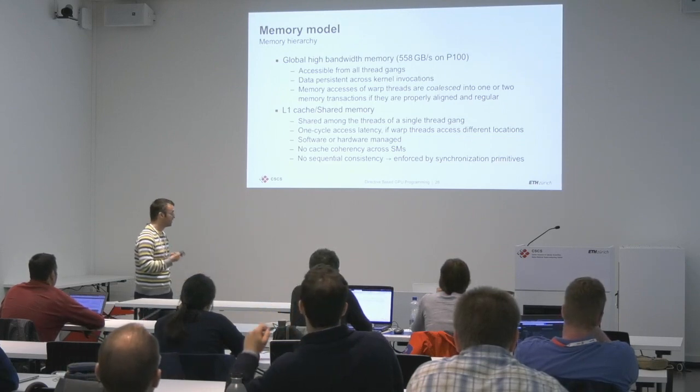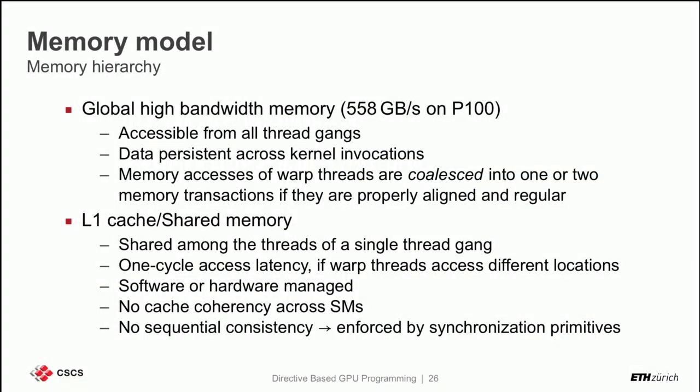Next is the shared memory, or L1 cache. It can be used as both. You can either configure it to be acting as just a standard level 1 cache, or you can manage it yourself. And this is shared among the threads of a single thread gang, or a CUDA block.